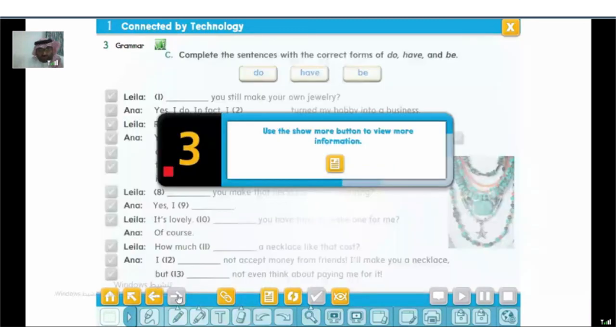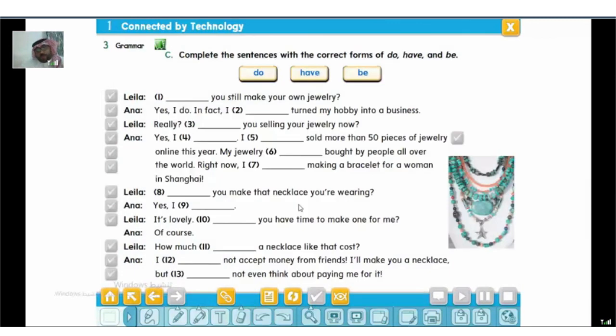Okay, now let's move on to the next part. Complete the sentences with the correct forms of do, have, and be. These three auxiliaries. Layla, you still make your own jewelry.